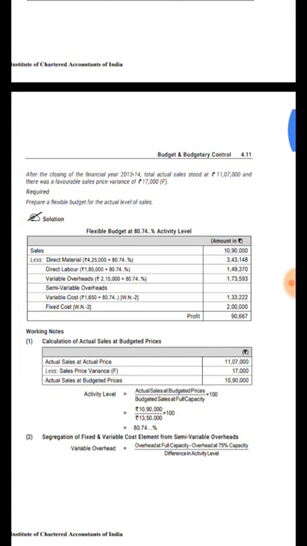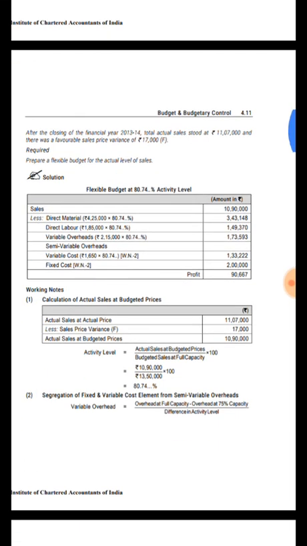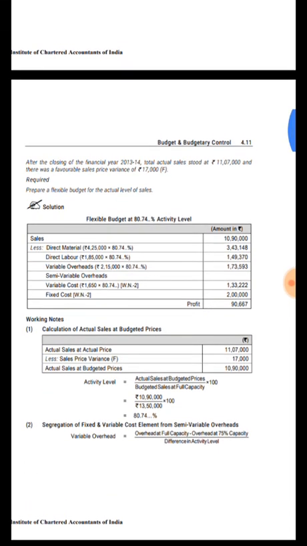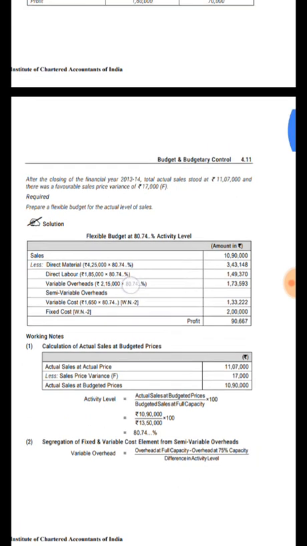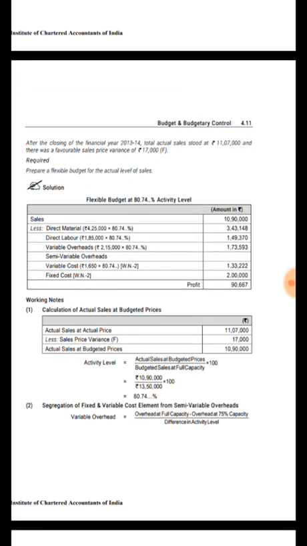So 1,650 into 80.74, because we are operating at 80.74% activity level. So 1,33,222. And fixed cost, because it's not going to change, is 2 lakh. If we deduct all these costs, we'll get a profit of 90,667. That's it.